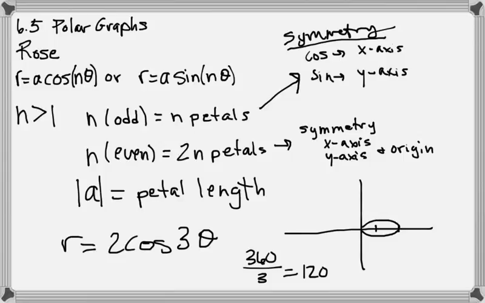So I'm going to make a mark just to help myself remember it. That's about where the tip of each petal is going to be. We're talking about very rough estimates here.